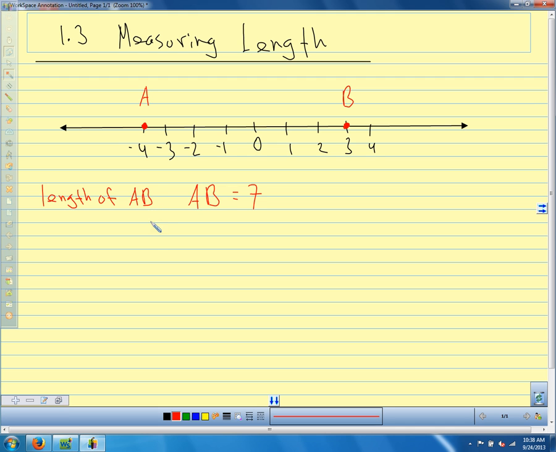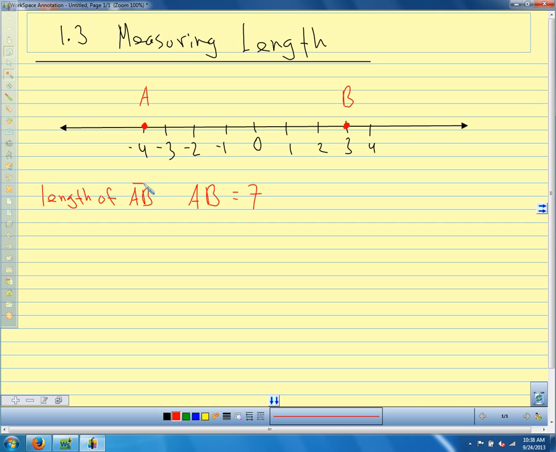And how do I name the segment AB? The endpoints with what else do I need for a segment? Two letters, so I have the endpoints, A and B, and a line over the top.